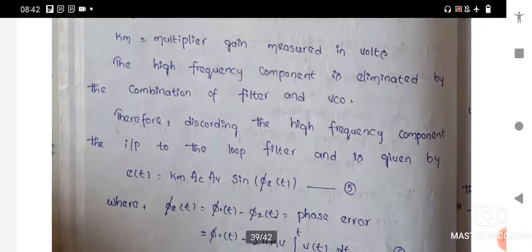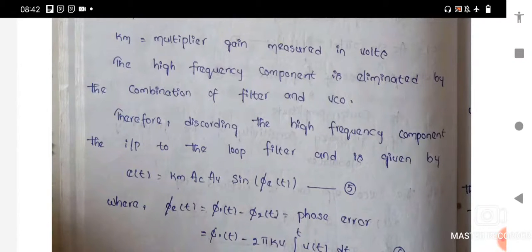Therefore, discarding the high frequency component, the input to the loop filter is given by, so what is the input of this loop filter? It is the multiplier output, that is e of t. So the expression of e of t is e of t equals Km into Ac Av sin of phi e of t.